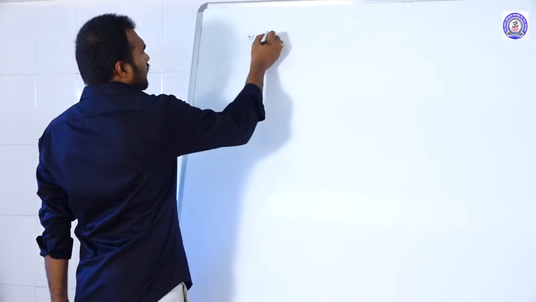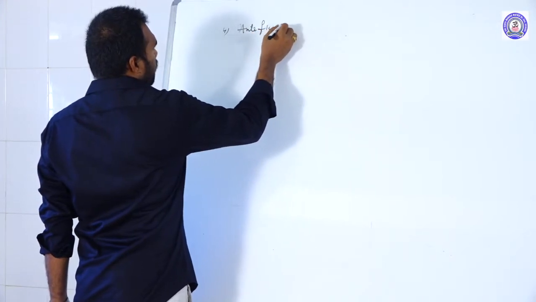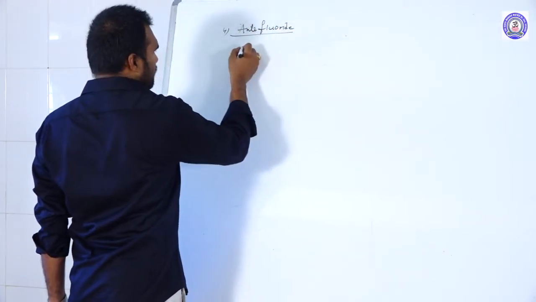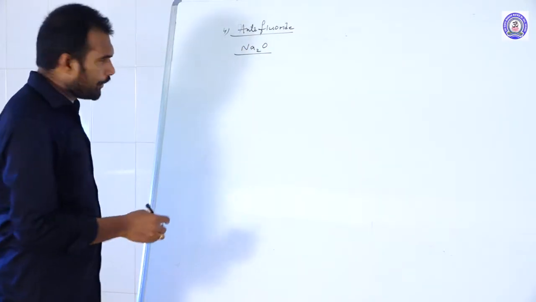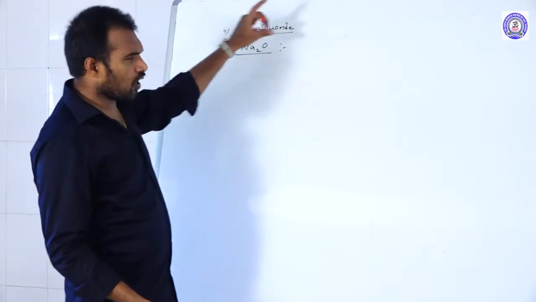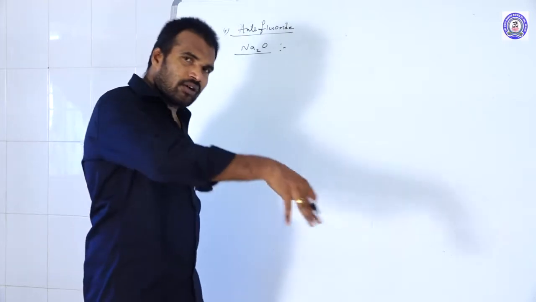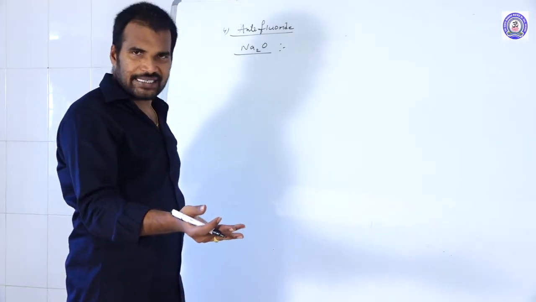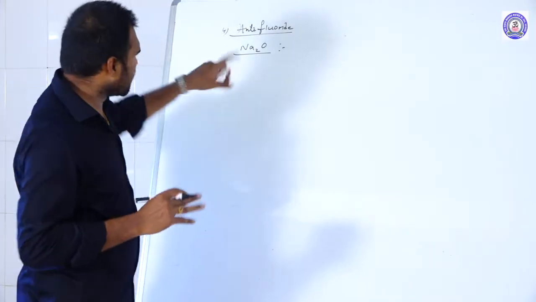Now we are going to discuss anti-fluorite, which is nothing but Na2O. Why are we calling it anti-fluorite? Because it is quite the opposite of fluorite. In fluorides, the anion forms the FCC lattice and the cations occupy the tetrahedral voids, but here it is quite opposite.